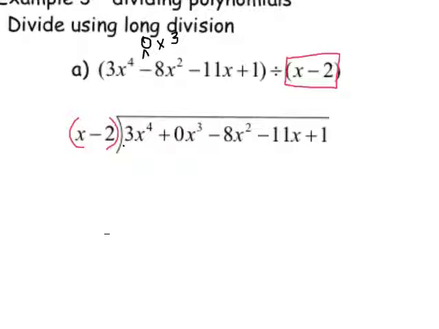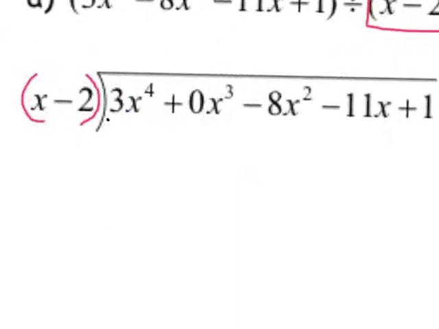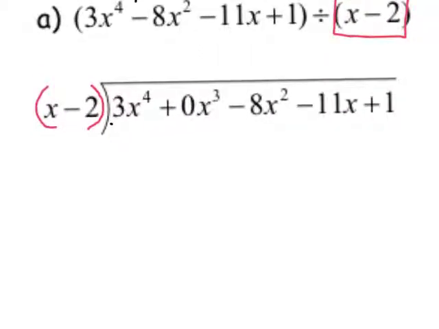All right, so now let's go ahead and start. Neat handwriting might be a good thing, so try really hard to keep your handwriting neat and organized, with nice columns, all those things, okay? So I start by saying, what am I going to put here so that when I multiply it times x, I get 3x to the fourth?